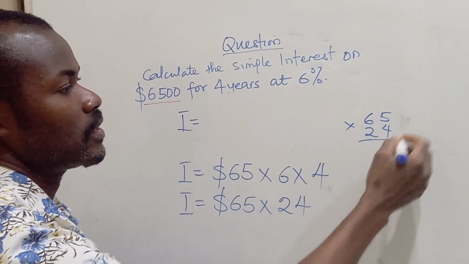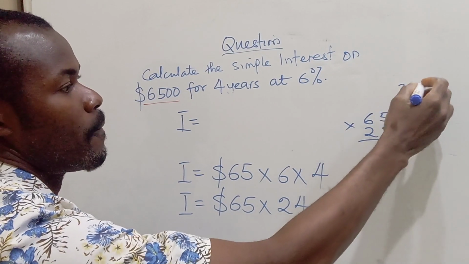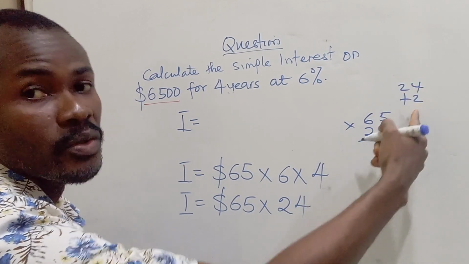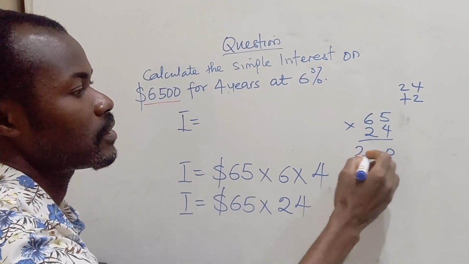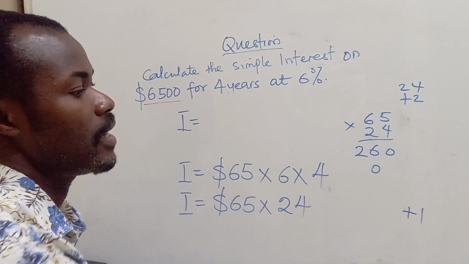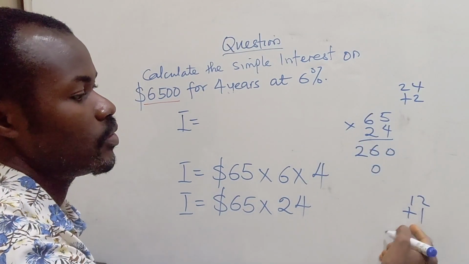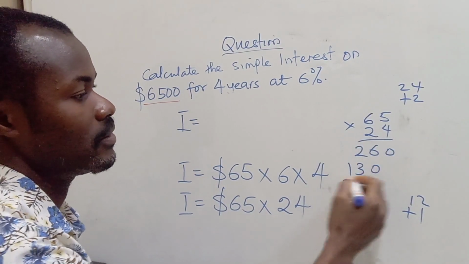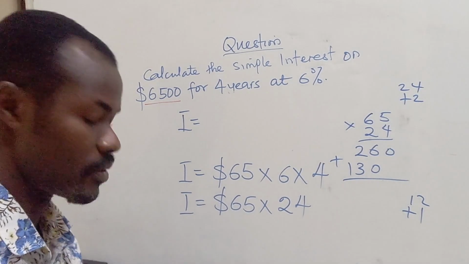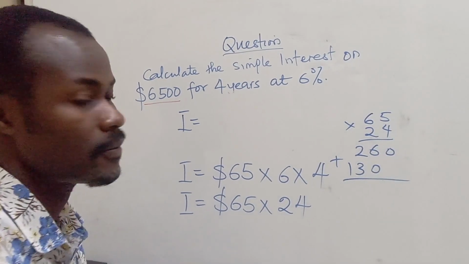4 times 5 is 20. 4 times 6 is 24, 24 plus 2 is 26. Then 2 times 5 is 10, have 1 there. 2 times 6 is 12, to add it is 13. We are going to add all this. Let's see what that gives us.